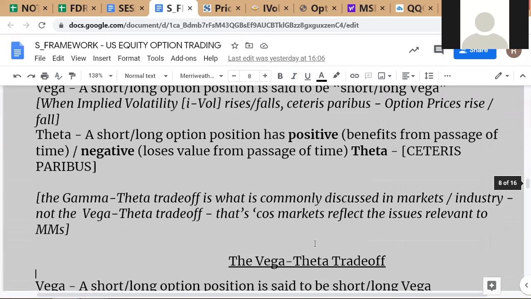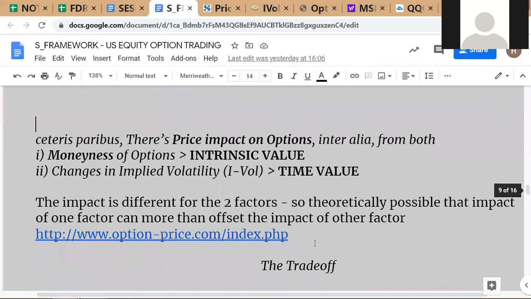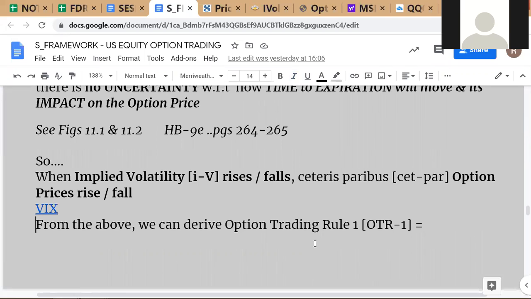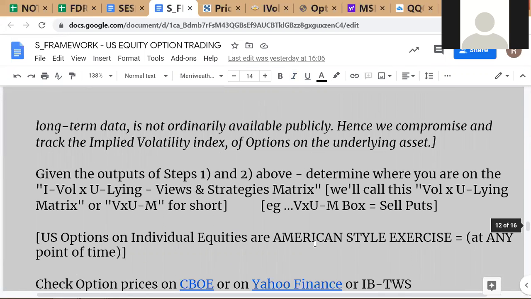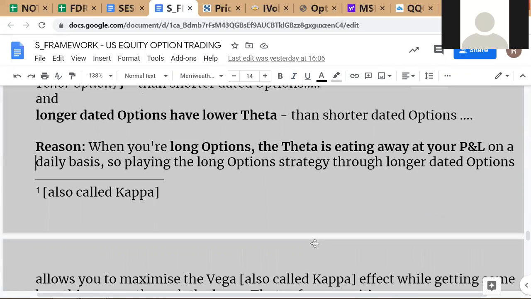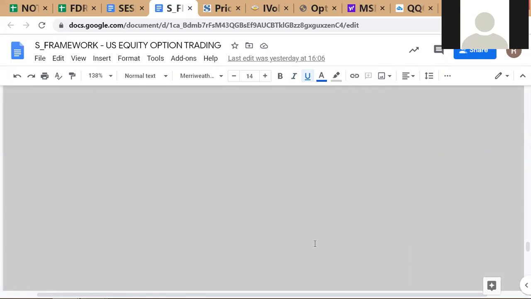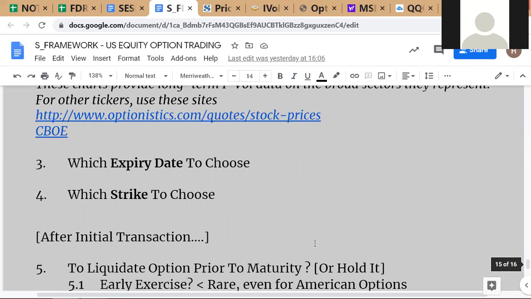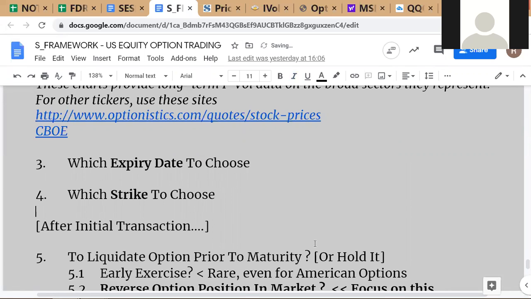So we'll start off today. We'll continue with the topic which we just started in the last session, which is the 4 decisions after the initial transactions you have to worry about.